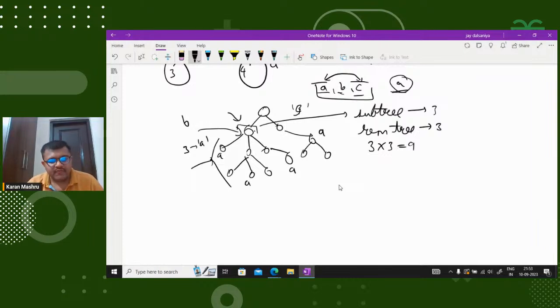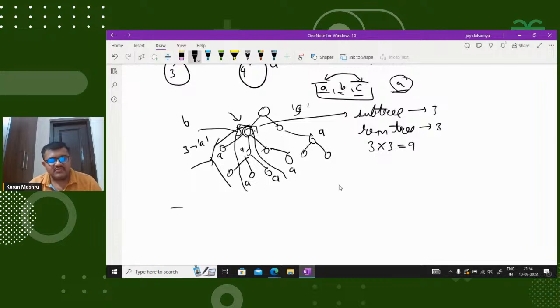If I have A here and A here on the same branch, these three will not form a palindrome. But if one of them is in this subtree and another is in this subtree, then going from one to the other, this will be a center node and it will also form a palindrome.